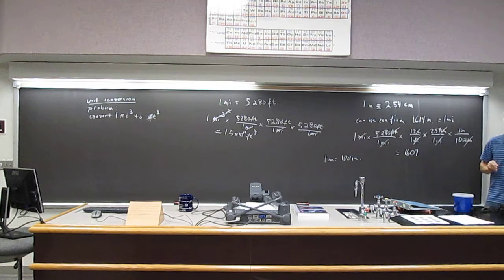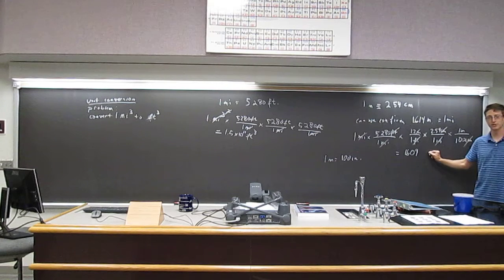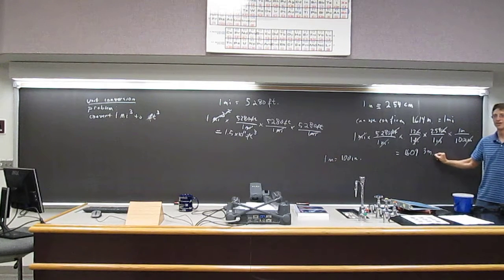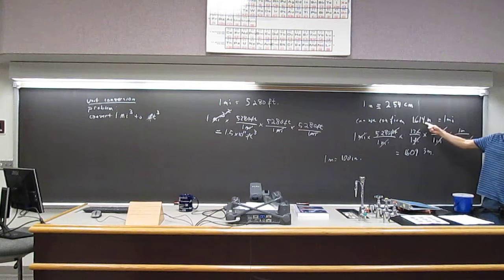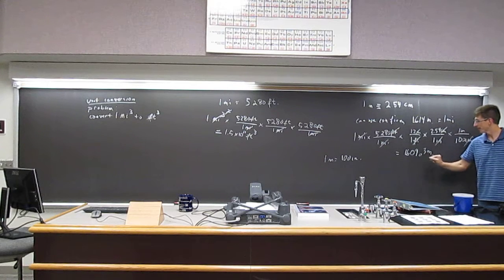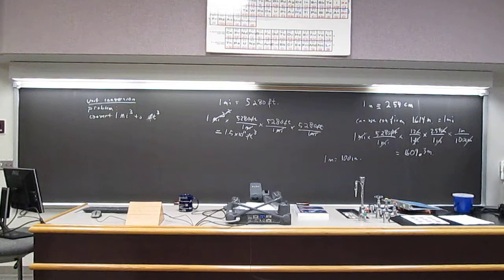Any decimal? 0.3, yeah. Huh. Why was it 1,614? All right, but it's okay. Did everyone get that 1,609? So that is how many meters are in 1 mile.